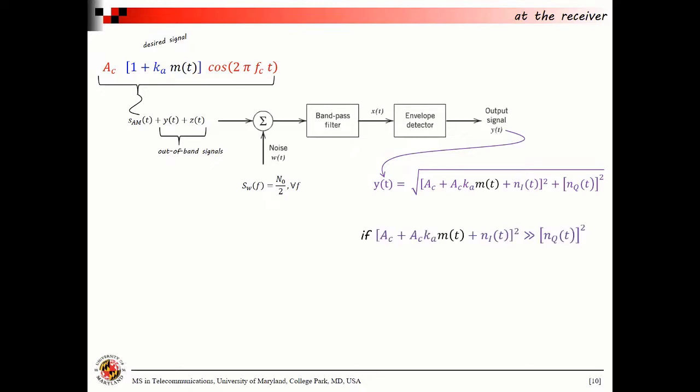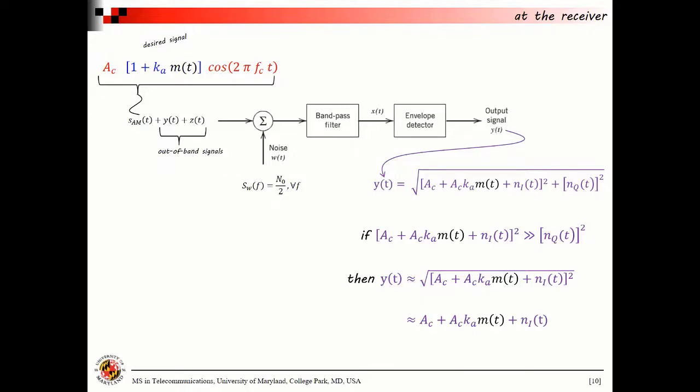If we assume that the in-phase component is much, much larger than the quadrature component, then the term inside of the square root simplifies. Y of t, the output, becomes the square root of the in-phase term squared, which in itself just becomes Ac, which is known, plus Ac Ka times M of t. Ac and Ka are known.